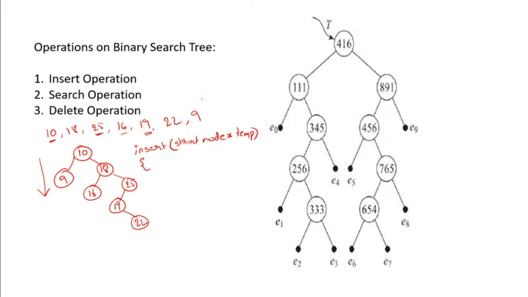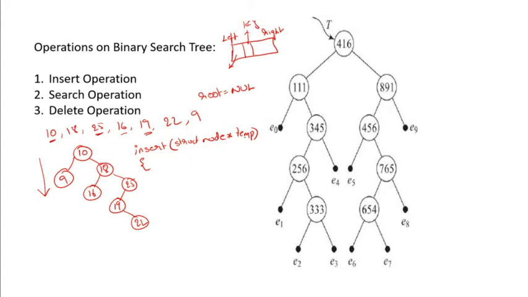Initially my root node will be pointing to null. You know what the structure is, right? The structure will be something like this, which can store two addresses. You can call this left, you can call this right, and you can call this key element.